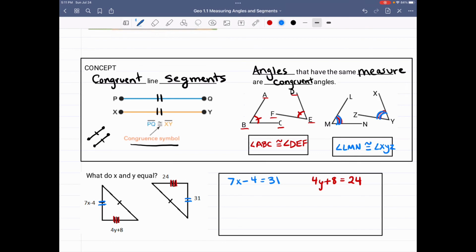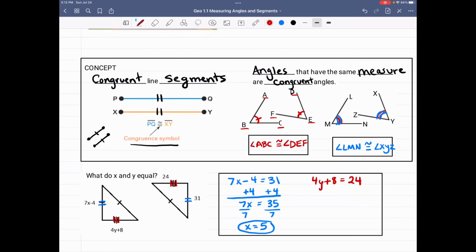So back to our algebra. If we add 4 to both sides, the 4's cancel out, leaving us with 7x. And here on this side we add to get 35. The next thing that we do is we divide by 7. X equals 5. The 7's cancel, 35 divided by 7 is 5.